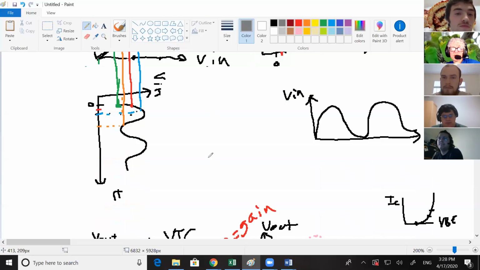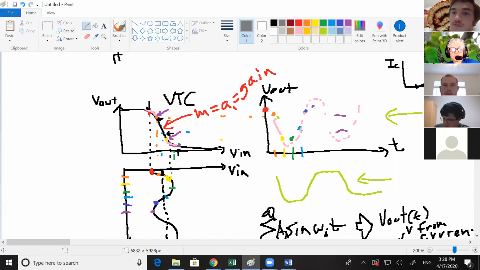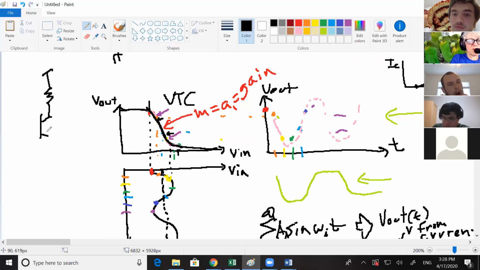Okay, so let's go to the actual circuit that we're using in class. Your transfer function for a common emitter amplifier, or as you know it from 307, an RTL inverter, looks something like this.